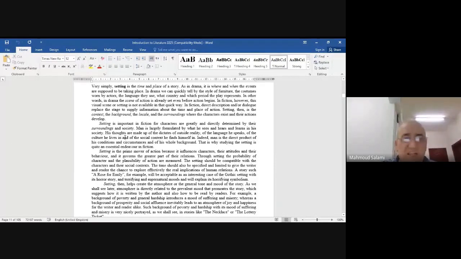I say setting is important in fiction because characters are greatly and directly determined by their surroundings and society. Yes, we are made by our society. We are controlled by society, largely formulated by our society. That's why we say that the surroundings and societies, all these elements, are really important to make a character.